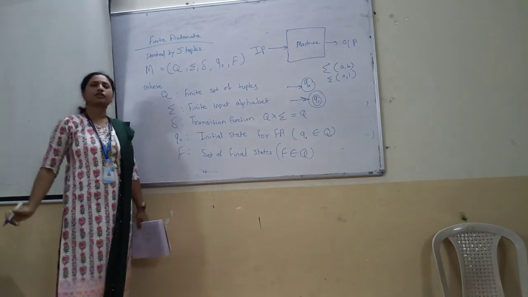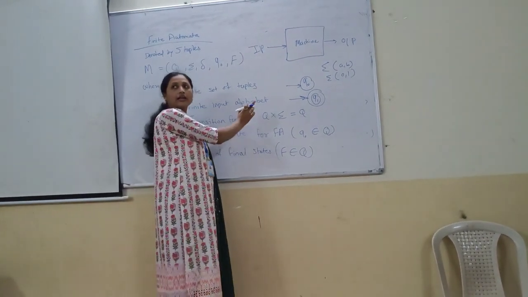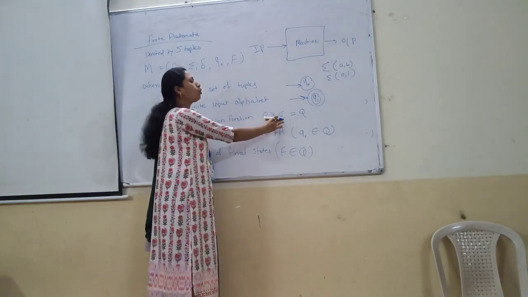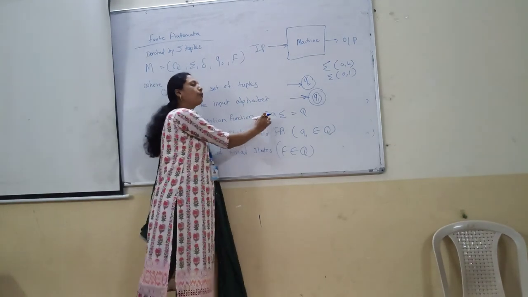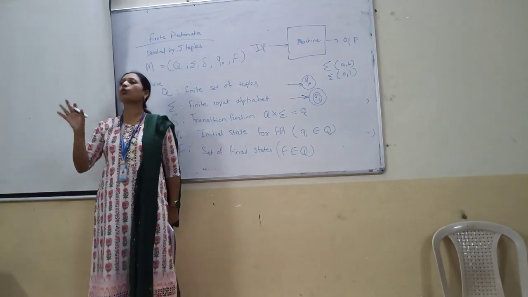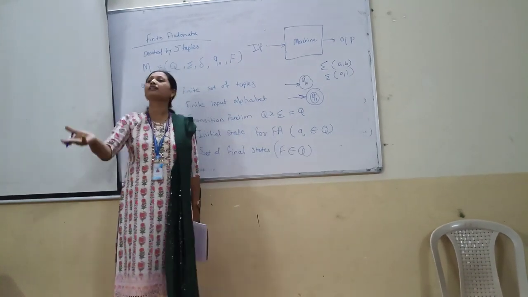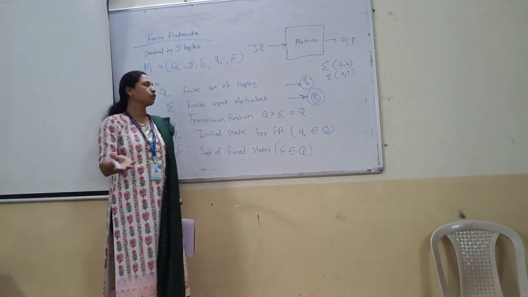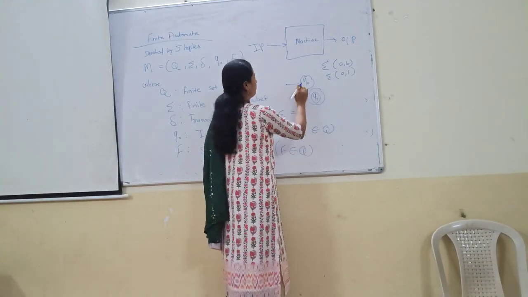Then the transition function. Students, here the transition function in the finite state is Q, comma, sigma gives you Q. So what is this Q? Q means at which state you are, and after giving some input, at what state you are reaching.